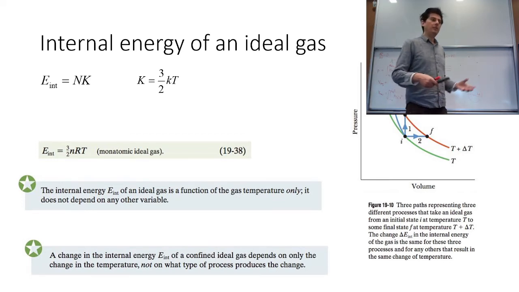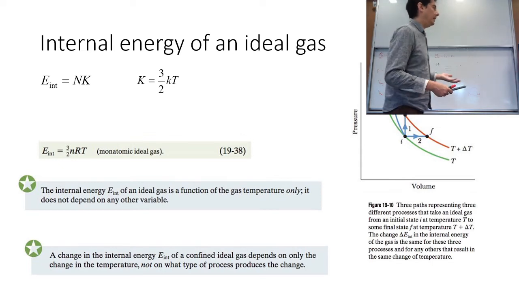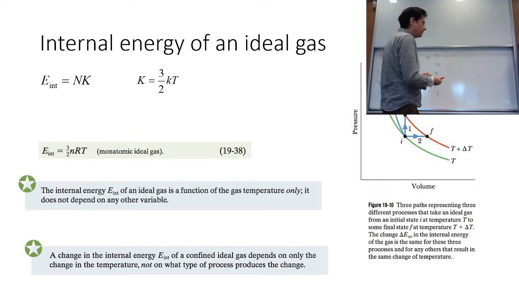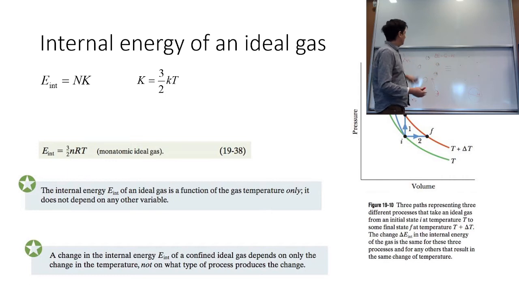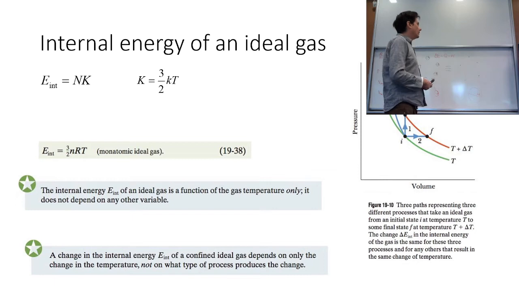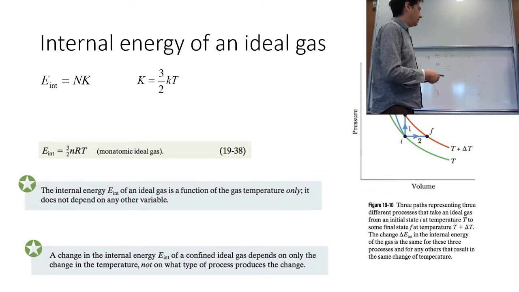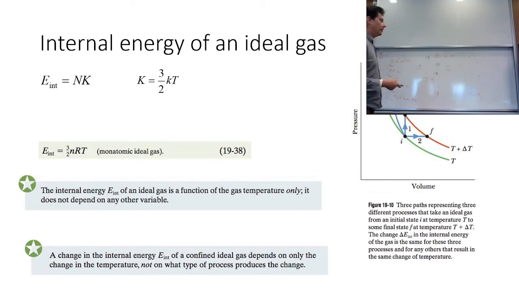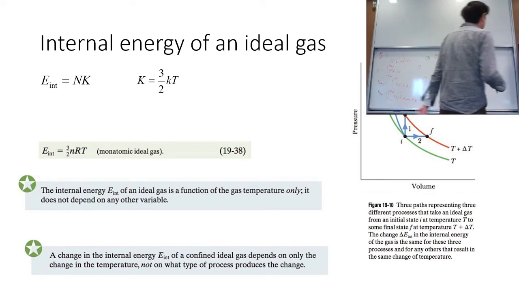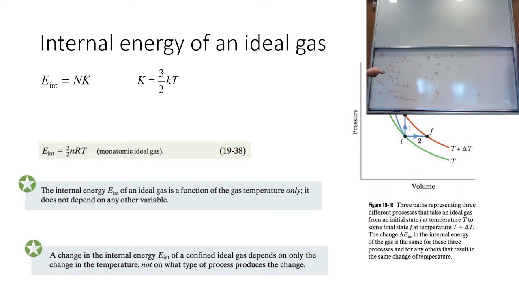We just proposed this quantity delta E, but now we're in a position to really write down a formula for what delta E actually was. We never really said what it really is. The way we can write down the internal energy is to simply multiply the number of atoms by the kinetic energy, right?